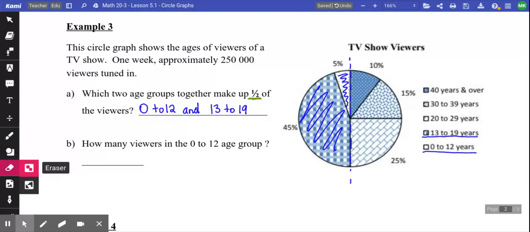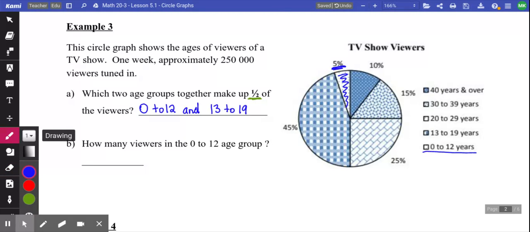Awesome. Part B. How many viewers are in the 0 to 12 group? Well, the 0 to 12 group is the one I've left shaded in blue, and it tells me that's 5%. So I change that percent into a decimal, which is 0.05. If you're not sure how I'm doing that, I'm just dividing the percentage by 100. 5% divided by 100 gives me my decimal.